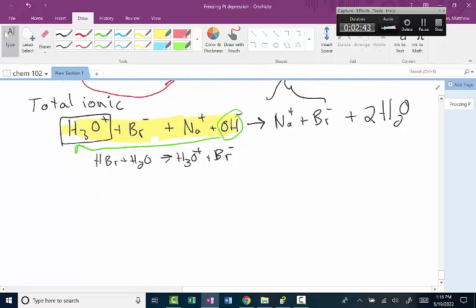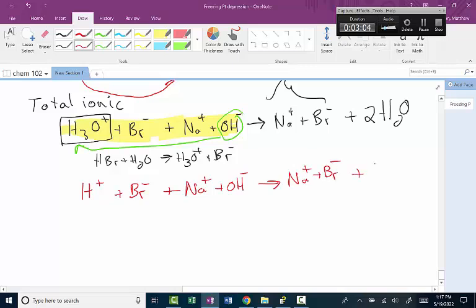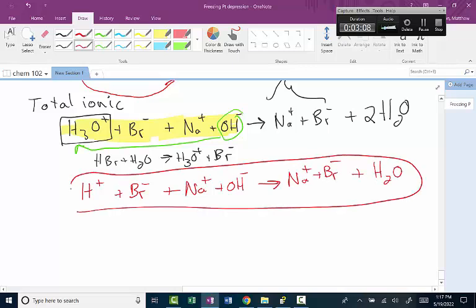Another way of writing it, and it's somewhat easier, is to write H plus Br minus from the HBr and sodium plus OH minus from the sodium hydroxide gives us Na plus Br minus plus H2O. Either way is acceptable. You'll probably find this method down here easier. So that's the total ionic.